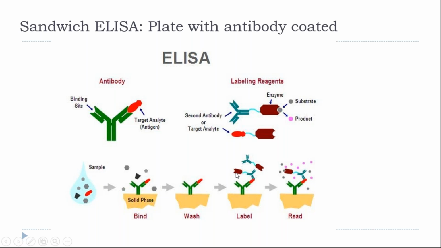The secondary antibody recognizes the antigen, and the binding takes place. Then another washing step removes the unbound secondary antibody, and the substrate is added and the reaction allowed to proceed, and the color develops.